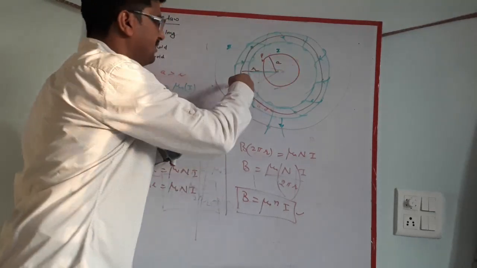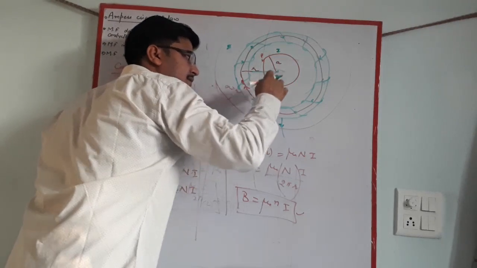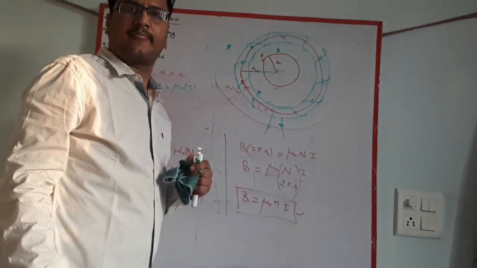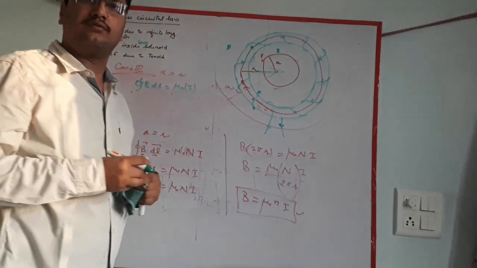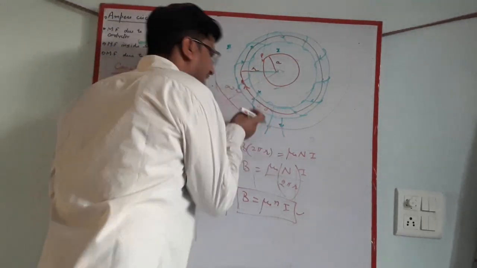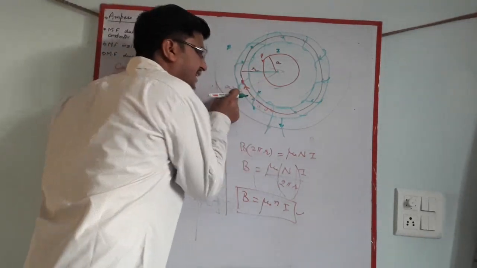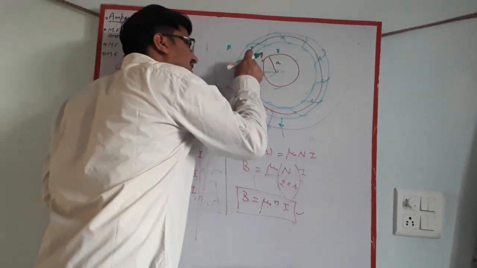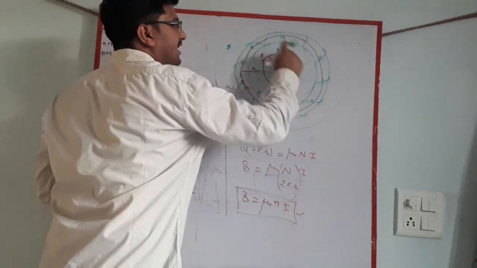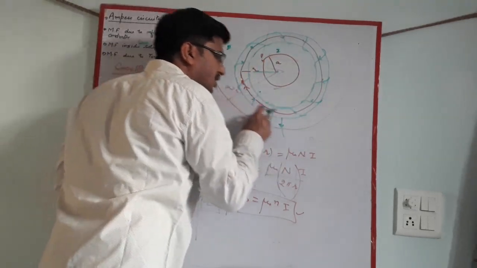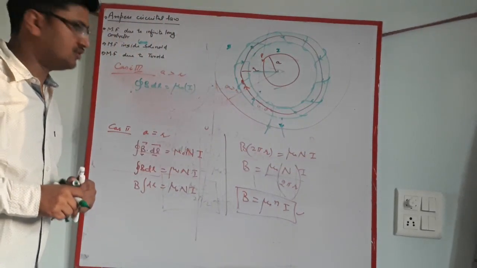From one end the current is entering in the inward direction, and at the other end it is coming out. I current is entering, I current is coming out, total current 0. So in this loop, the total entering current is equal to the total leaving current. The sum of total current is 0.